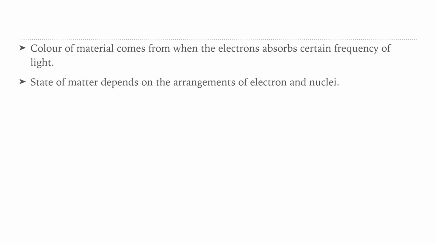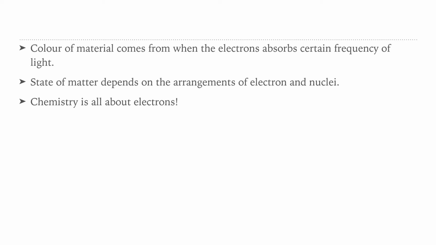And the state of matter, whether the material is solid, liquid or gas, is determined by the arrangement of nuclei and electrons, which means chemistry is all about electrons. That is, if we understand electronic behavior, we can understand chemistry in a general way.